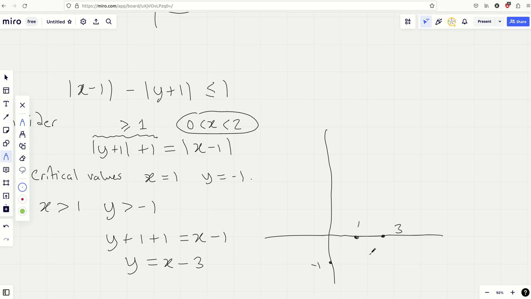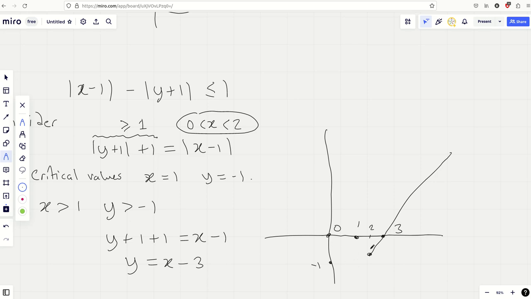It's the right straight line, but the curve is not going to be defined from 0 to 2. This is an important thing to recognize. It's not going to have any values, because if you have a value of x between 0 and 2 here, you end up with a contradiction. There's no y coordinate which, after you add one and take the modulus and then add another one, equals the right hand side, because the right hand side is going to be less than 1. For example, when x is 1, the right hand side is 0, and that's impossible.